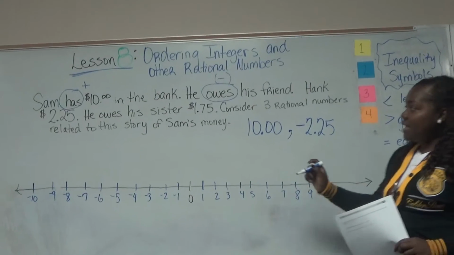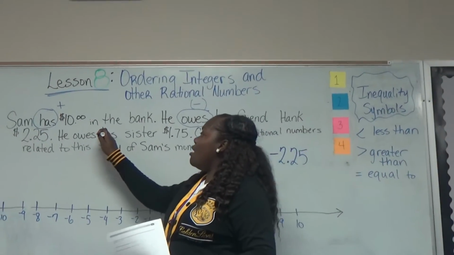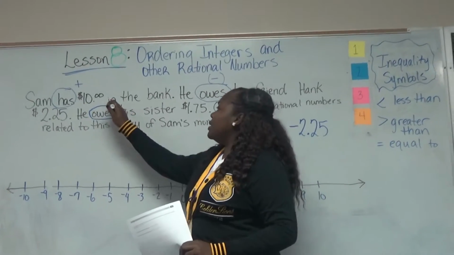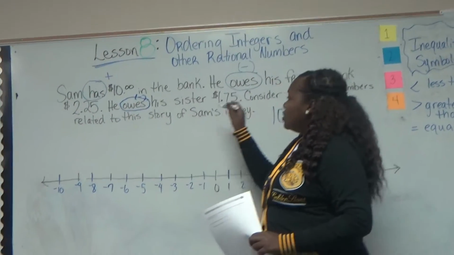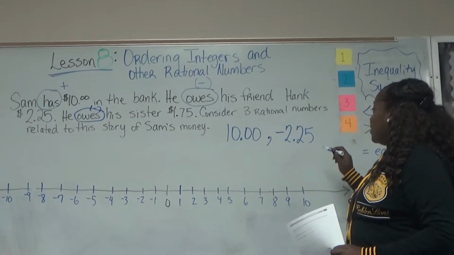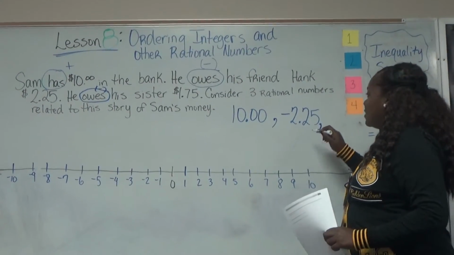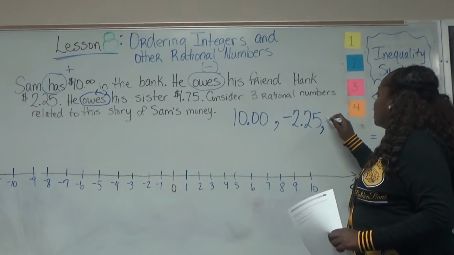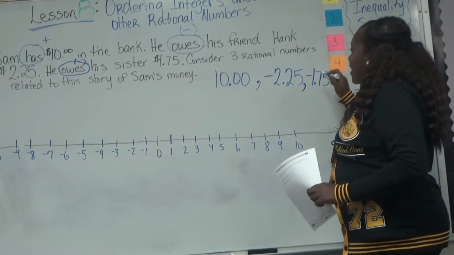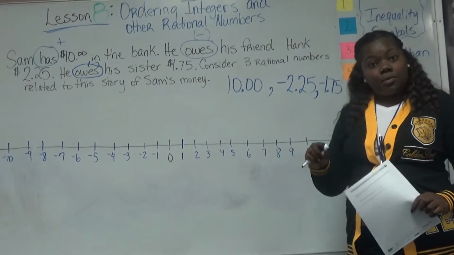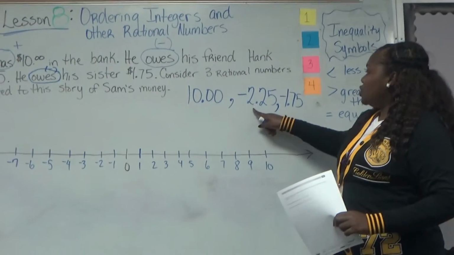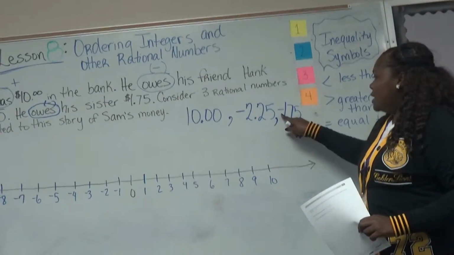Then next it says he owes. Owes lets me know that this is negative. He owes his sister $1.75. So I'm going to write that as negative 1.75. Have I come up with 3 rational numbers? Yes. I have 10, negative 2.25, and negative 1.75.